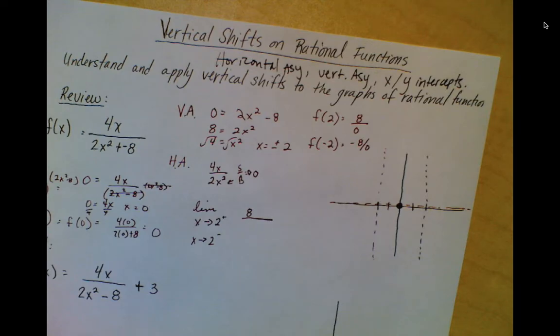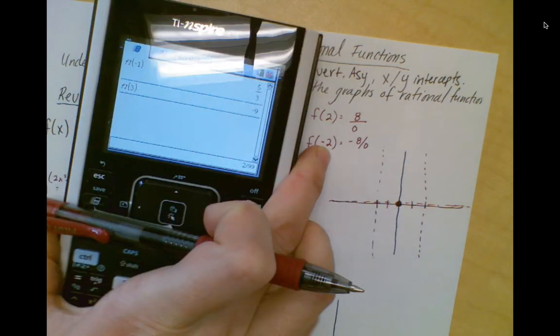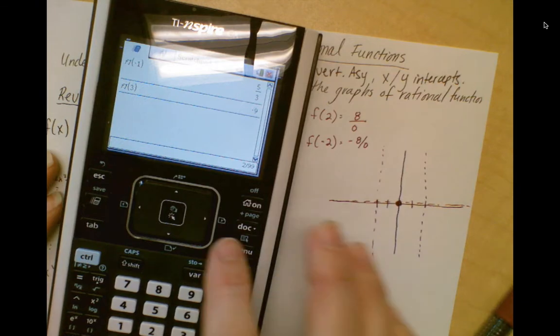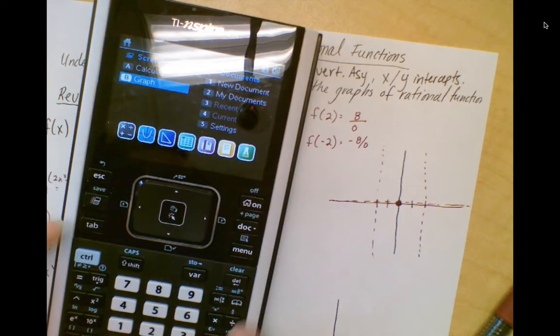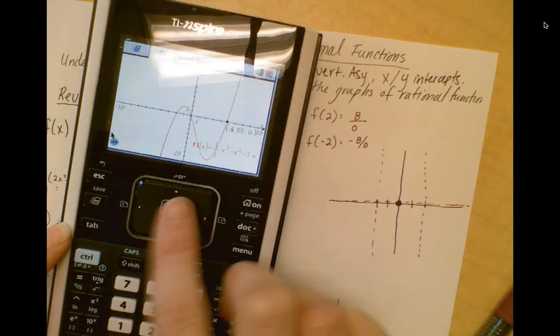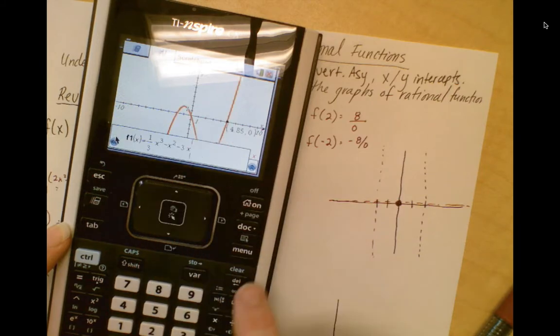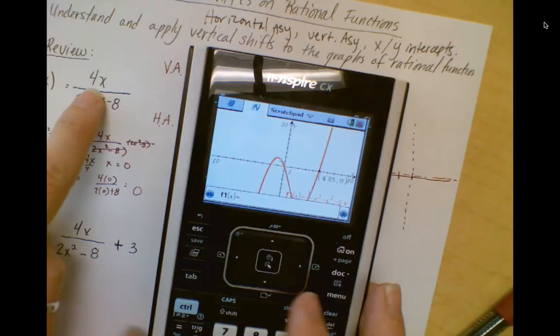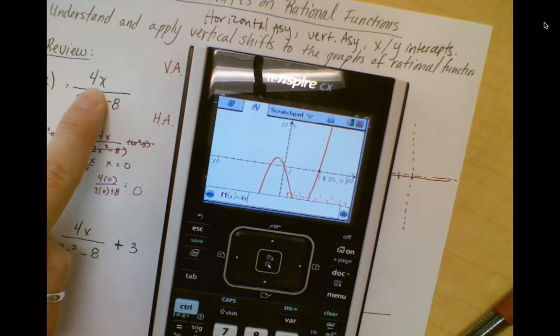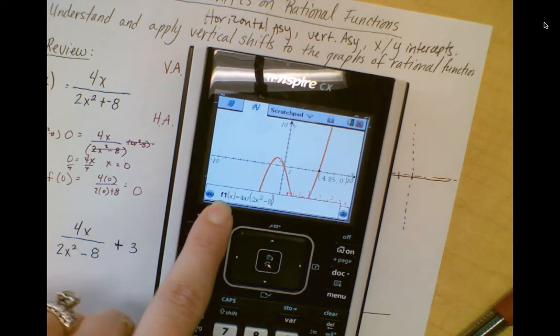I'm going to show you guys a cool trick for those of you who have these kinds of calculators. We're going to go to our home screen and we're going to go to graph, and then we're going to delete all this, and I'm going to input my function 4x divided by the quantity 2x squared minus 8, and F1, enter.